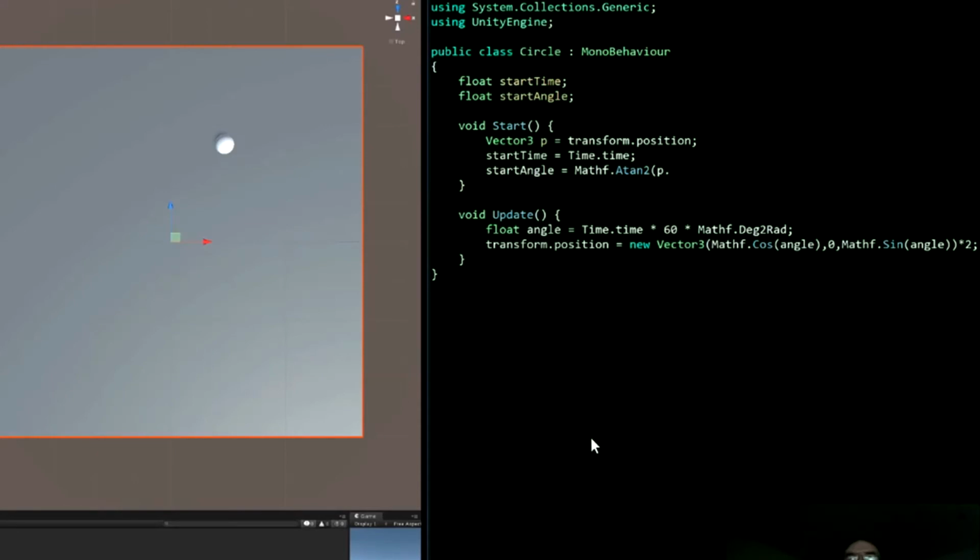So what you do, of course, as you think about the atan2, is you very naturally go in and do the following. P, that's my position, dot x, p dot z, which is the z really being the y, because I have flipped the space around, okay?